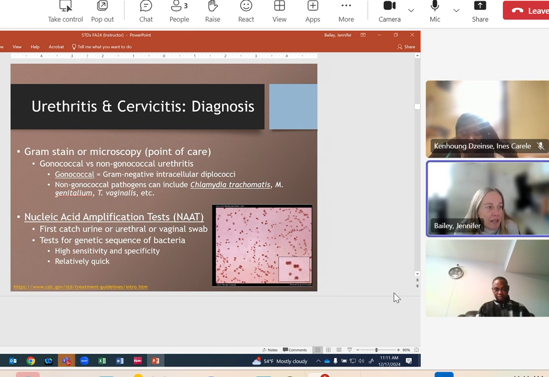The most common way that's done is through nucleic acid amplification tests. These can come from the blood, or from a urine swab or a vaginal swab, and that's where it's usually from. You take a sample of that fluid and send it for testing for chlamydia and gonorrhea, and the tests compare what you sent to the known genetic sequences of those pathogens.